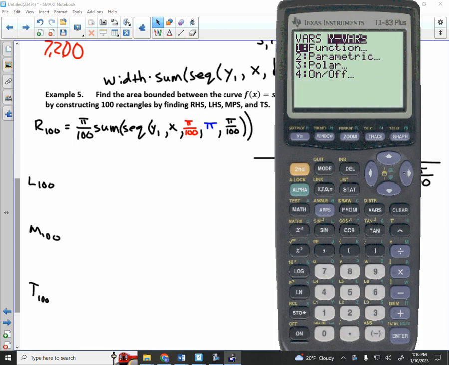I want the function variables for my y variables. And I'm simply just going to grab 1. Vars, y vars, enter on function, and enter on y sub 1. Okay. Is everybody okay there?